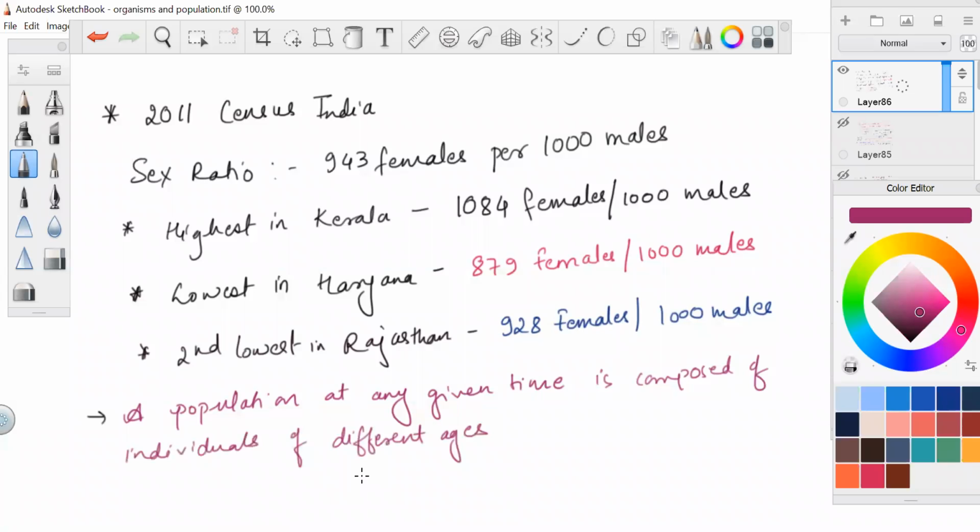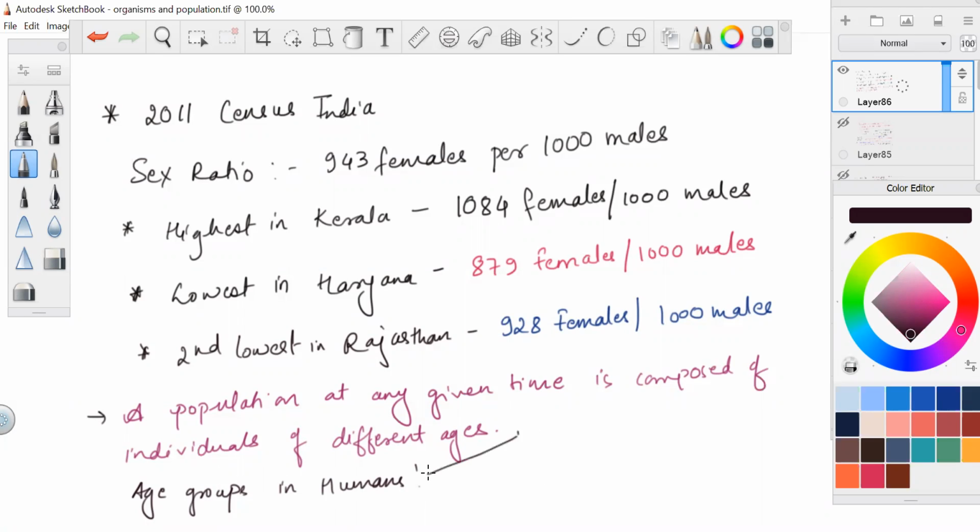So for humans, the age groups are divided.